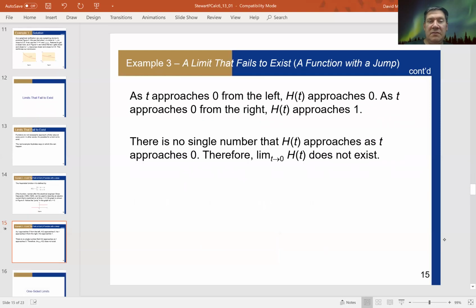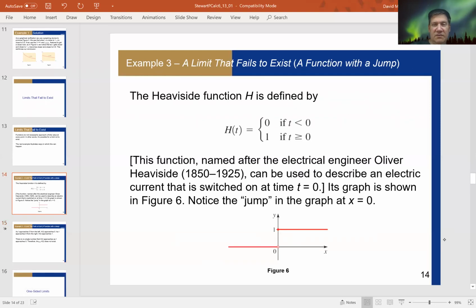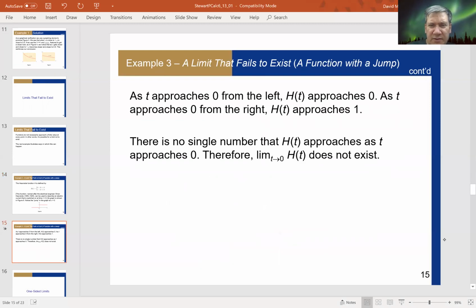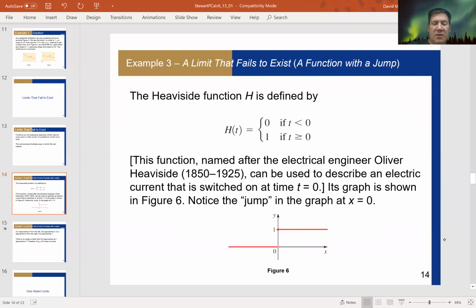Okay, but for the graph here, if we're looking for the limit as t approaches 0, well, if we're coming here from the left, approaching 0, it looks like the limit is 0. But if we say as t approaches 0 from the right, we go down and we get closer and closer, that looks like the limit is equal to 1.